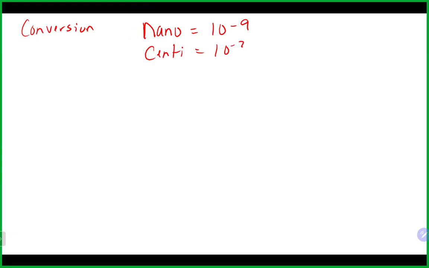All right, so we did that. We got into conversions, right? And some conversions and prefixes are sometimes used. For example, nano is 10 to the minus 9. And remember, centi is 10 to the minus 2.